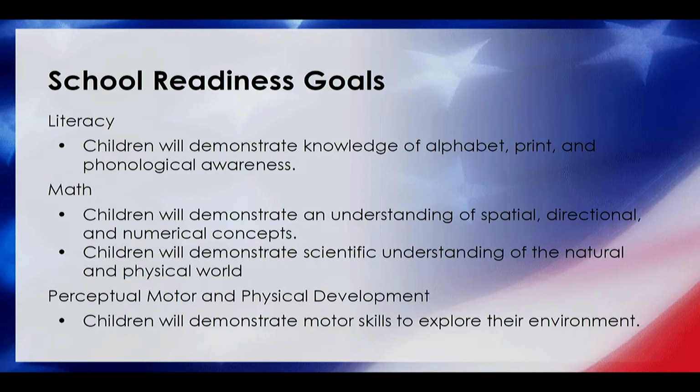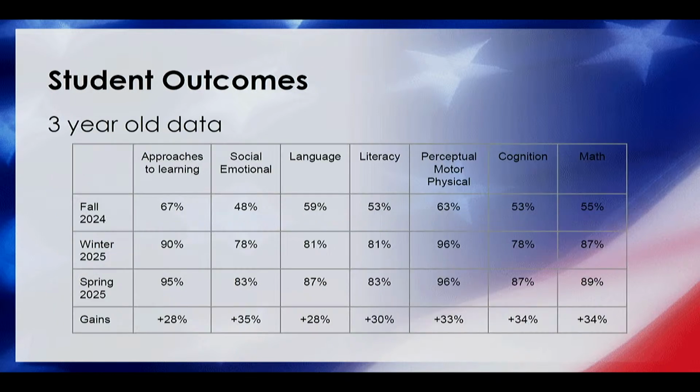So in a little bit, when I go through the student outcomes, which we divide into the 3-year-old data and the 4-year-old data, with the 4-year-olds, I don't have that divvied out into 2nd year versus 1st year 4-year-olds. We do collect data 3 times a year, and I'm really proud of this data.